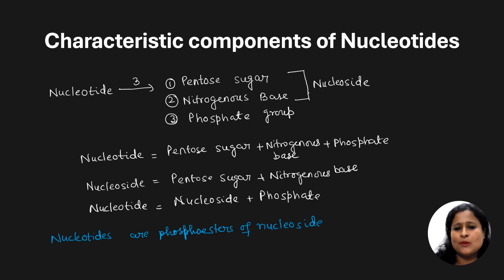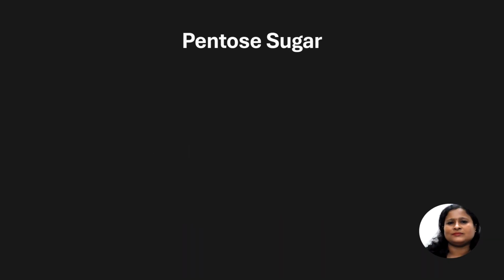Okay, let's now look into all the different components in detail. Let's look at the first component, which is pentose sugar. As the name suggests, pentose sugar consists of a 5 carbon structure. Nucleotides can have two types of pentose sugar.